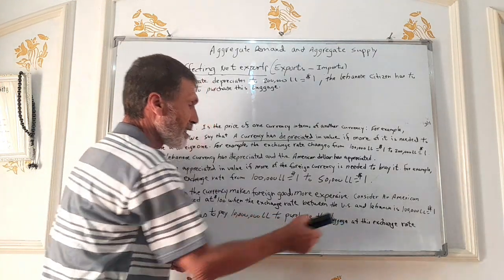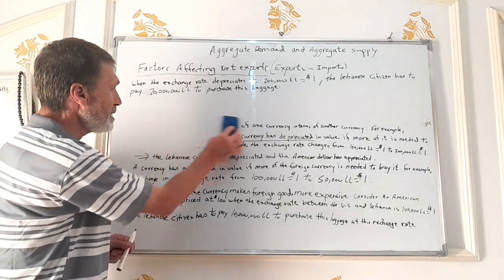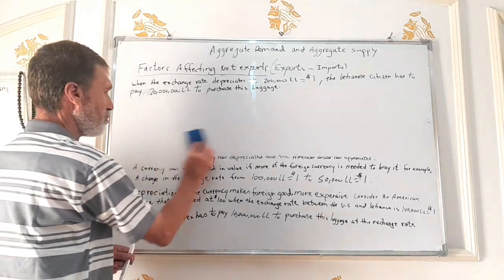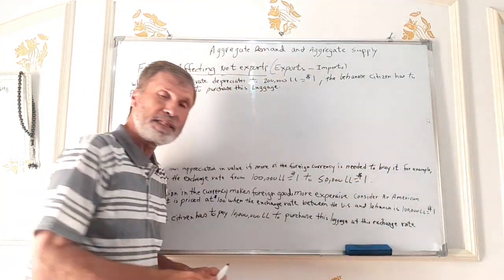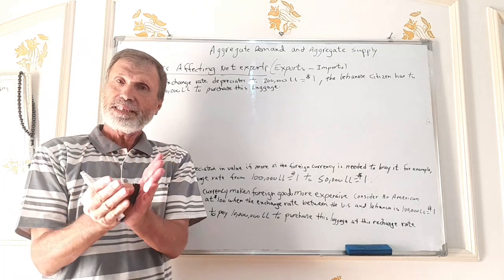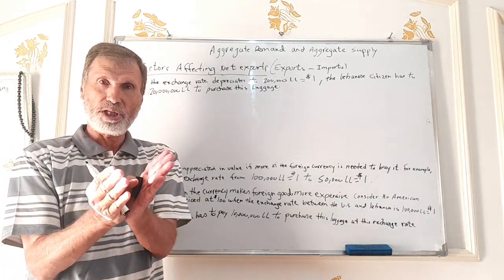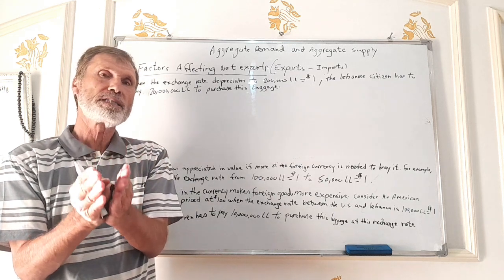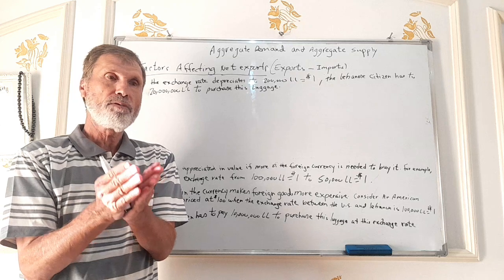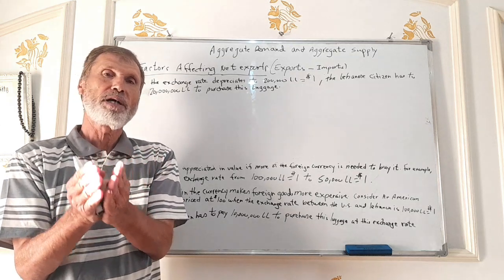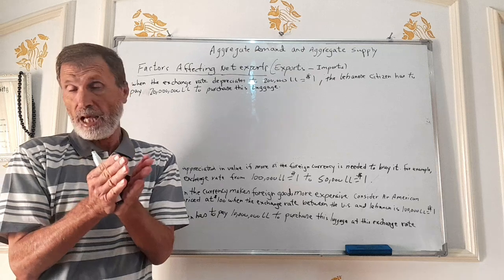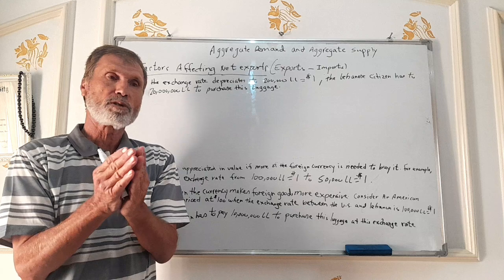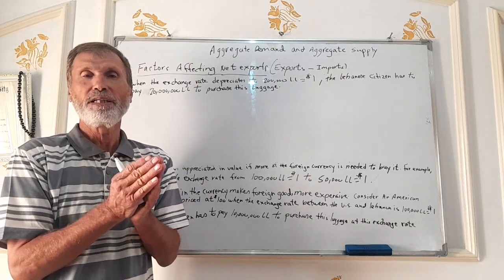Now, similar things can happen when the currency has appreciated. If the domestic currency has appreciated, instead of, for instance, 100,000 Lebanese pounds equal $1, now it has become 50,000 Lebanese pounds equal $1. That implies the Lebanese currency has appreciated in value because less of it is needed to purchase the foreign currency.